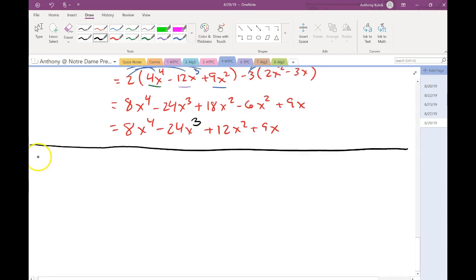So, we bothered to define this operation of composition because we're going to use it as part of another definition.